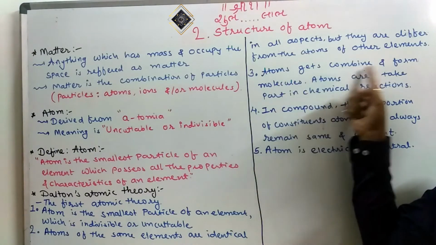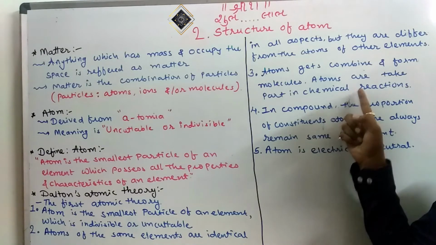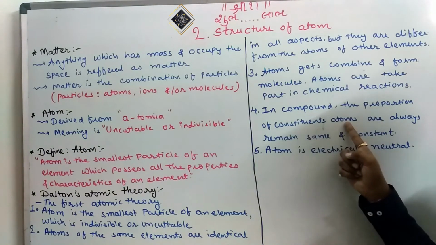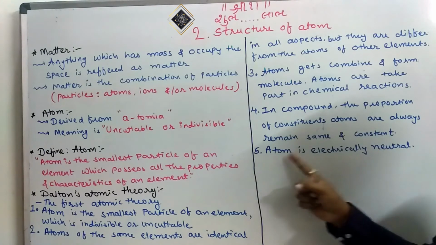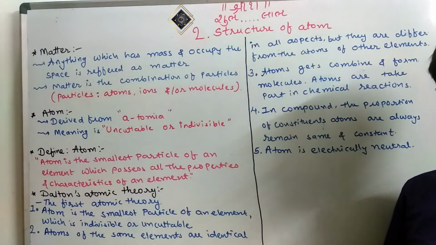Atoms get combined and form molecules. Atoms take part in chemical reactions. Fourth point: in a compound, the proportion of constituent particles, that means atoms, always remains the same and constant. Atom is electrically neutral. These are the important points of Dalton's atomic theory.